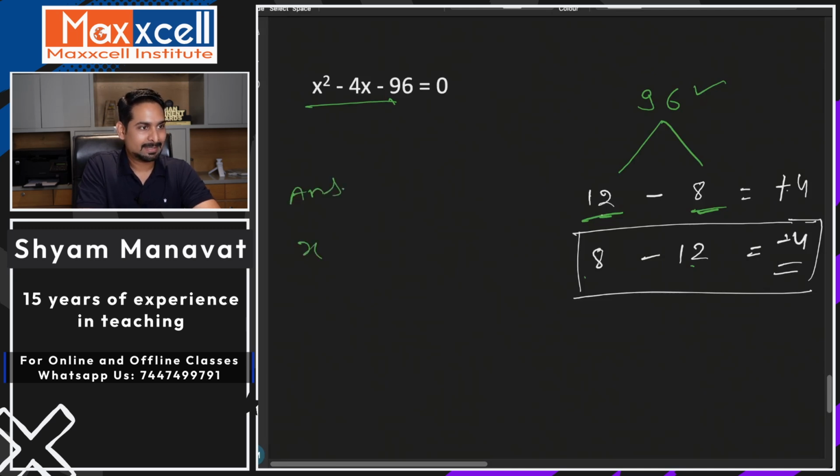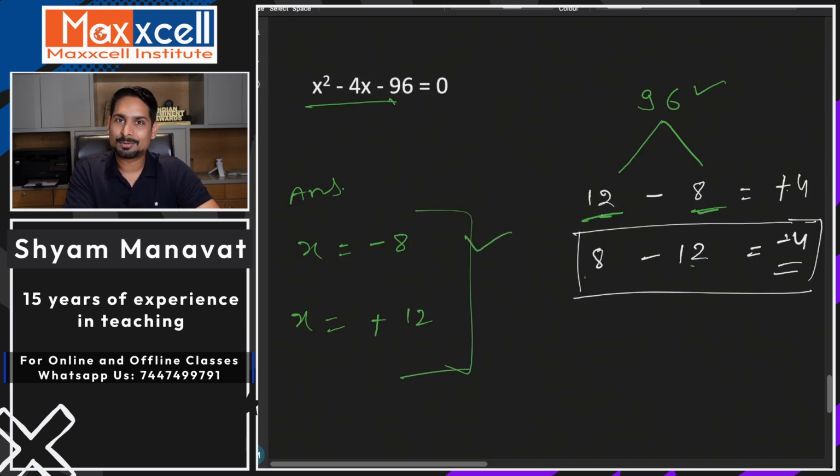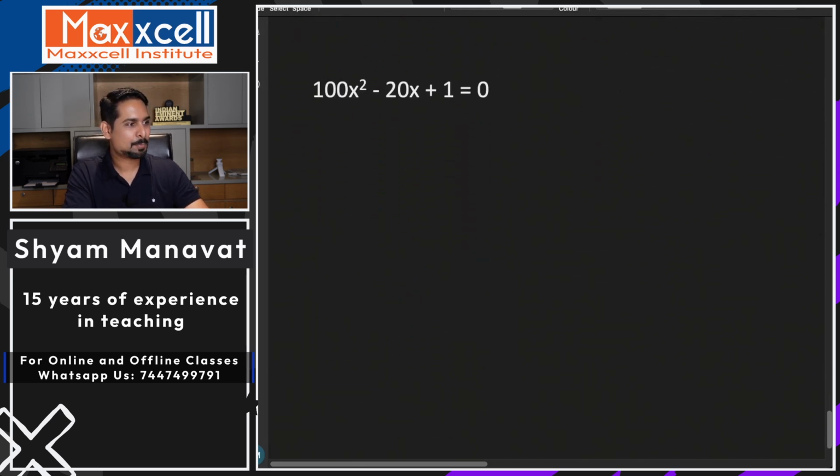We write the same numbers 8 and minus 12 but with opposite sign. So plus 8 will become minus 8 and minus 12 will become plus 12, and we got the answer here. Are you okay with this? Yes? Great. Congratulations. You're learning.